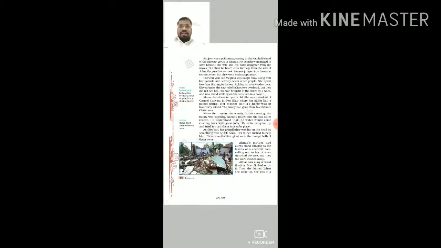Another incident, another family we are going to discuss. Sanjeev was a policeman by profession and Ignatius was a manager in a cooperative society. Here Sanjeev's story we have to see.